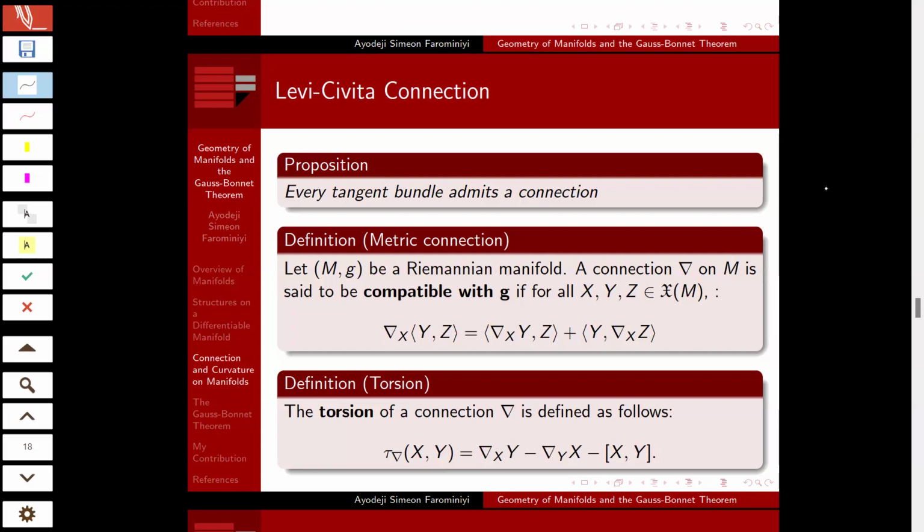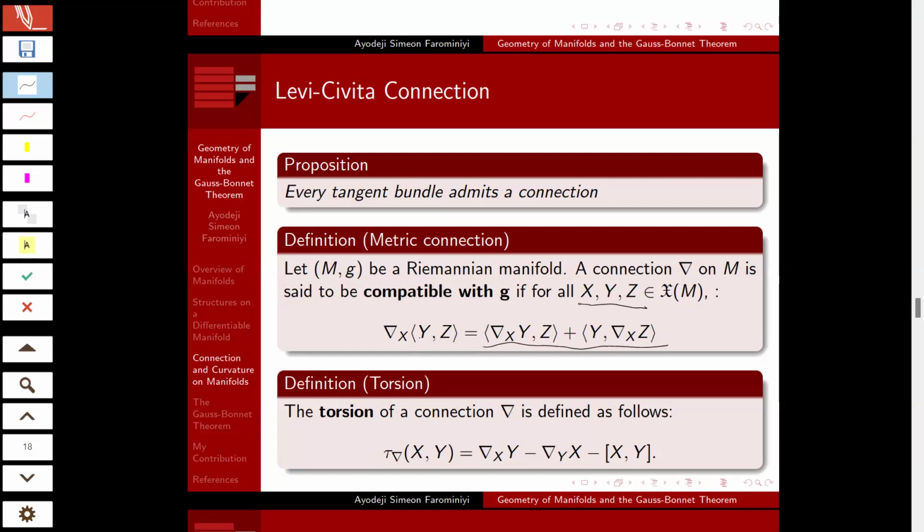The first one is the compatibility with the metric. So let (M, g) be a Riemannian manifold. A connection on M is said to be compatible with a metric if for all vector fields X, Y, and Z on the manifold, we have that this holds.